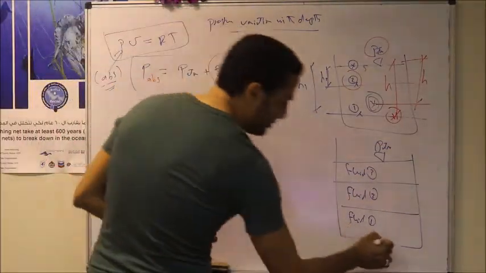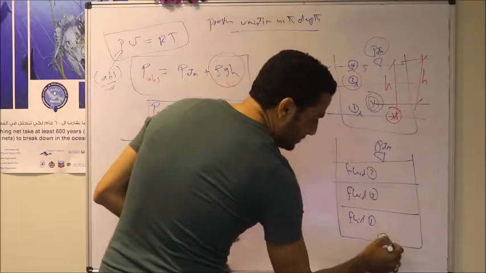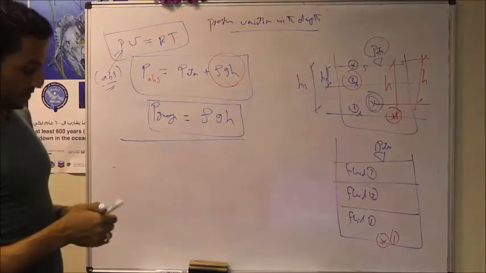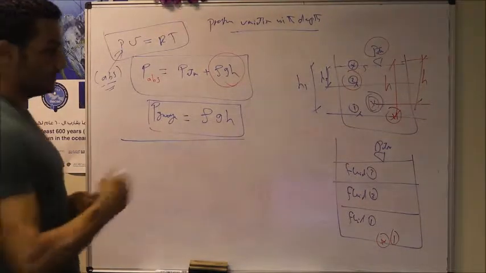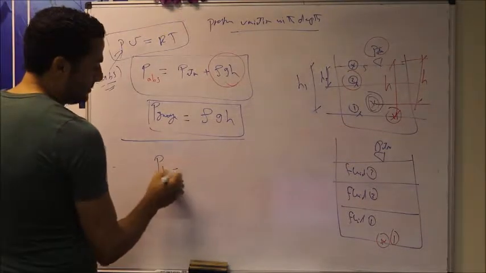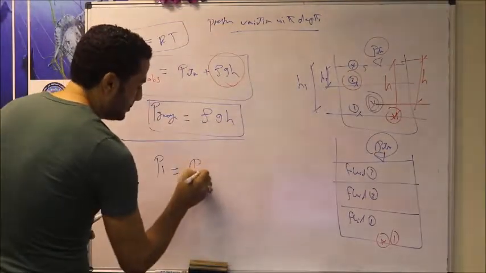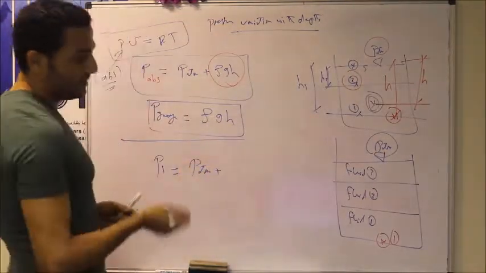We want to measure the pressure at the bottom of this tank, let's say at point 1. So the pressure at this point will equal what? P1 will equal the pressure at the top, as we used to, so this will equal the pressure P atmospheric plus the weight of the fluid.